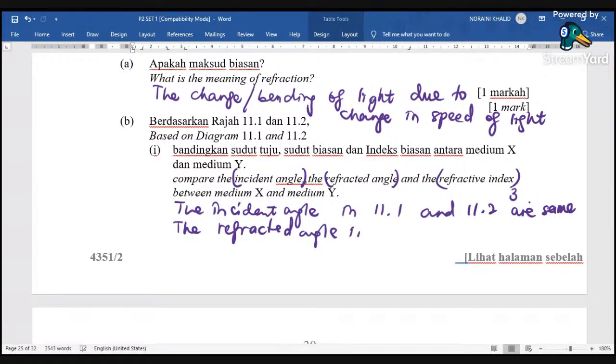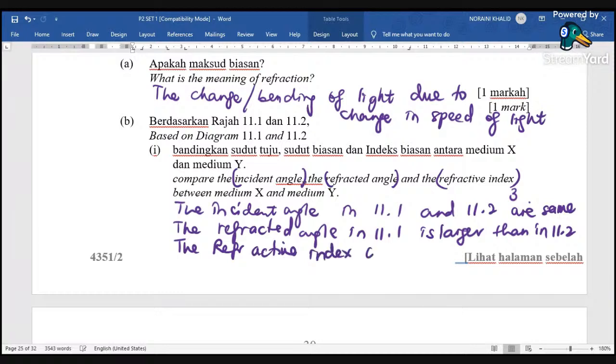In this one you start with 11.1, the next one also 11.1. 11.1 is larger than in 11.2. Okay, and then the refractive index of medium x is smaller than in 11.2.